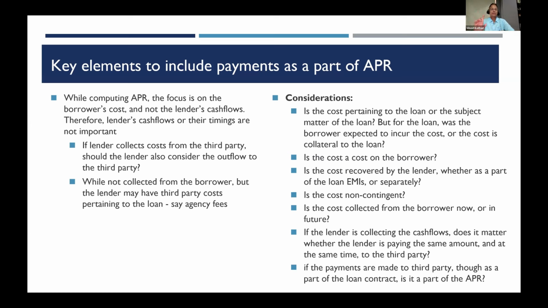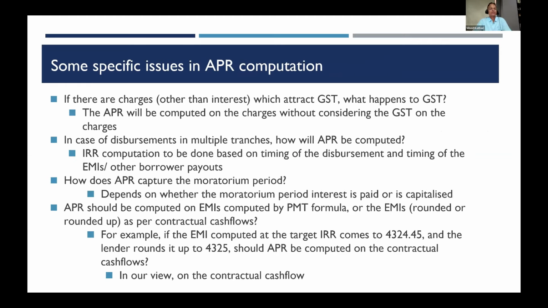The cost is paid by the borrower to the insurance company, not to me. I might be corporate agent. It may be part of my commissionable payments, but it will not form part of the third party payments. So, a little further on that, if these charges attract GST, GST will not be included in the APR computation.